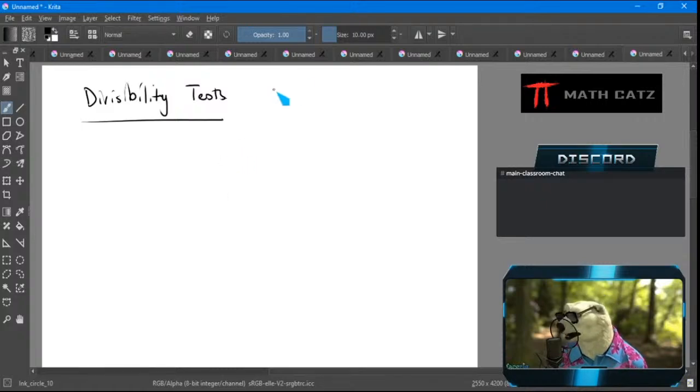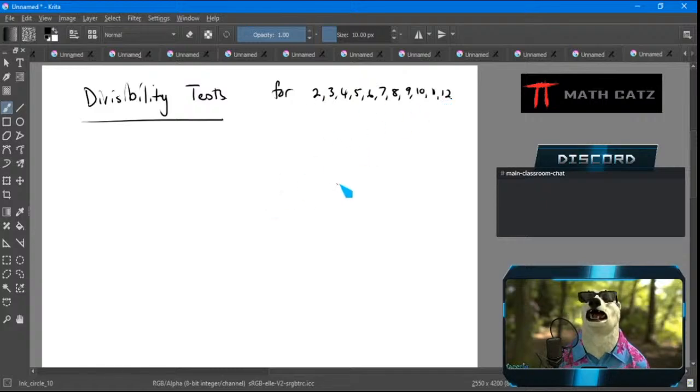But of course, I need to know which divisor I'm interested in, right? So we're going to go 2, 3, 4, 5, 6, 7, 8, 9, 10, 11, and we'll stop at 12. For each of these, we want to look at a large number and say, yes, it's divisible by 6, or no, it's not.